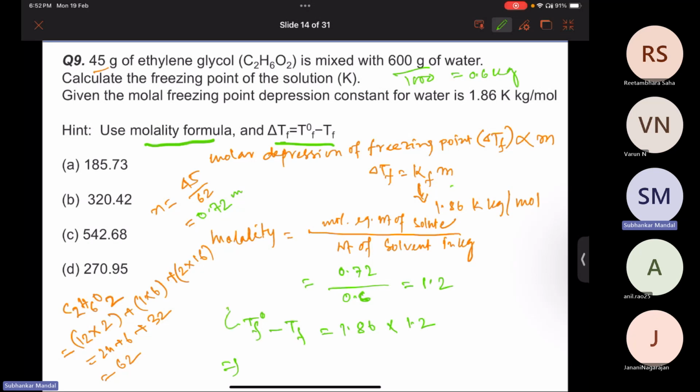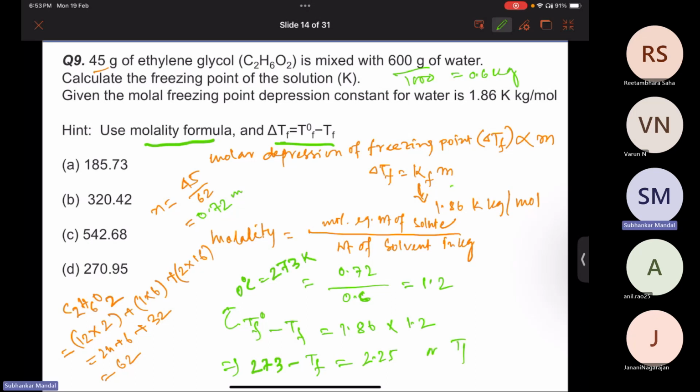That is the freezing point of pure water, 0°C, which means 273 Kelvin. So 273 minus TF is equal to 1.86 times 1.2, that is 2.25.